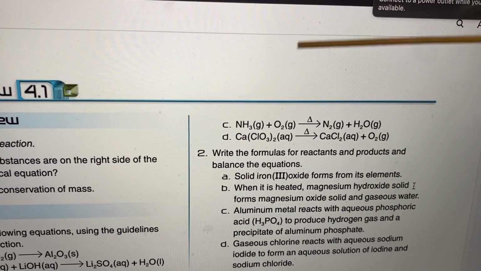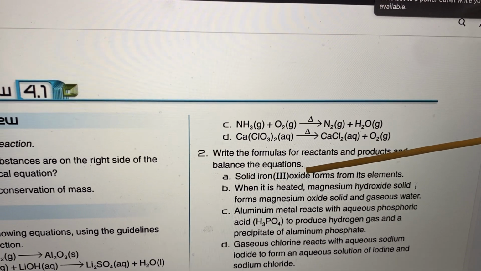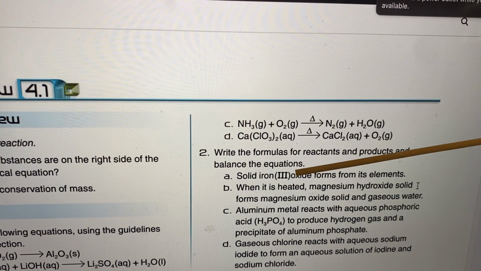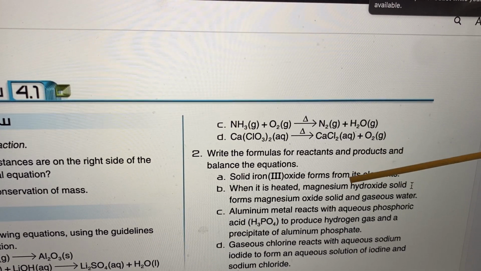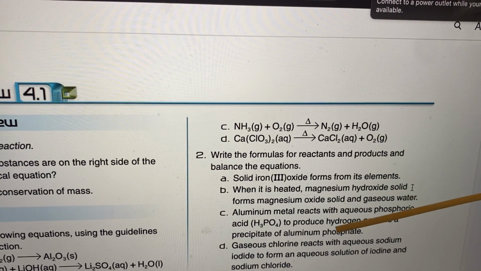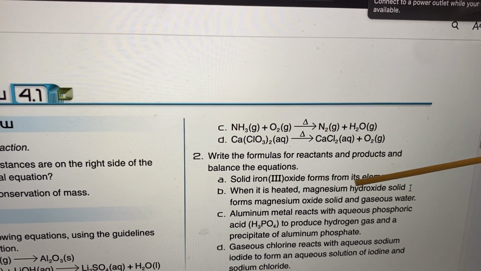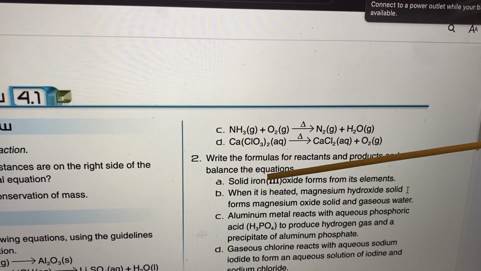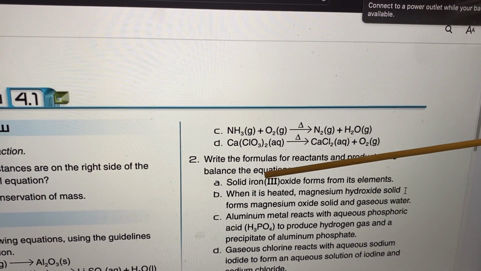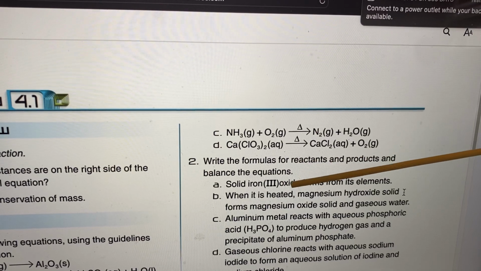Okay, number 2 says solid iron oxide, which has positive ions of 3, forms from its elements. So basically we're going to take its elements and form iron oxide. So what are the elements going to be? Iron and oxygen.